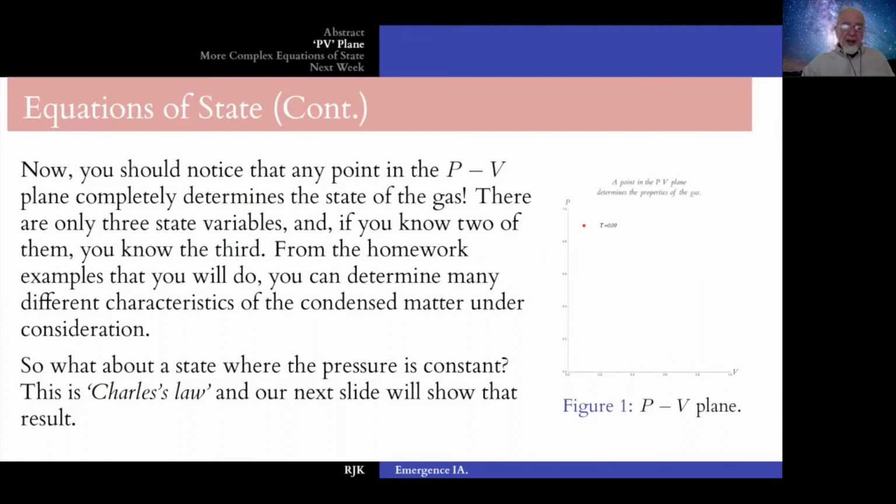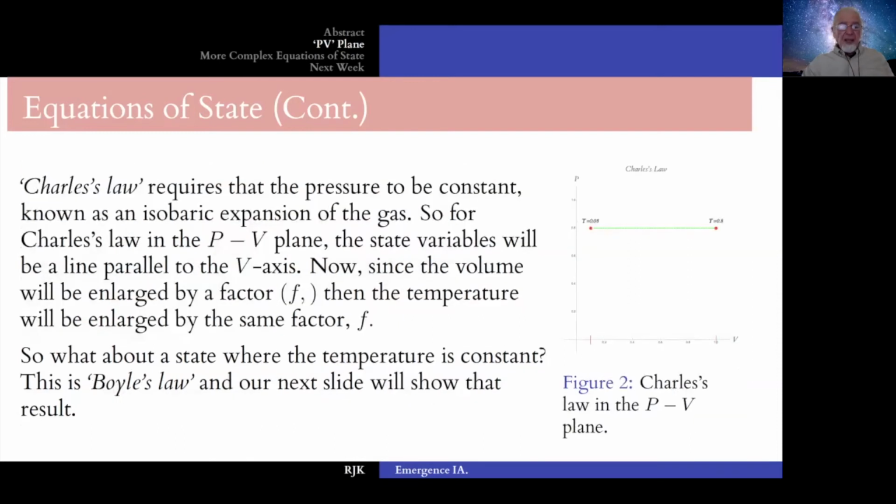So what happens if you have a pressure that is constant? That would be Charles' law, and the pressure has to remain constant, so you just get a straight line that is parallel to the volume axis at a constant pressure.